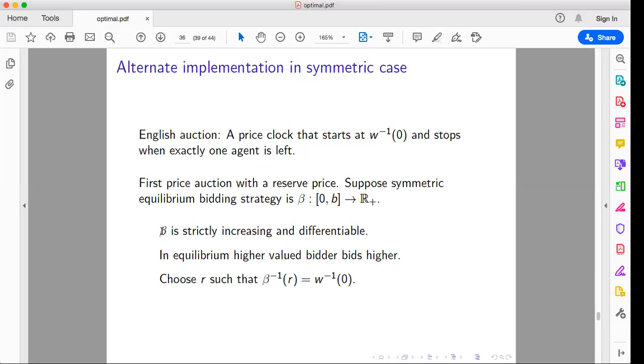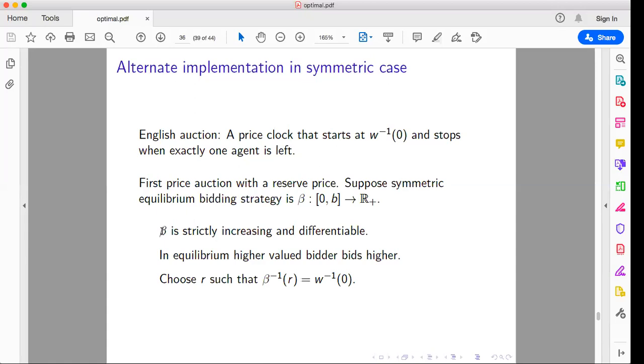So there is also a first price implementation of the optimal mechanism. For that, basically, you need to remember some properties of the first price auction that we studied in game theory 1. So in the case where bidders are symmetric, there is a symmetric equilibrium bidding strategy in first price auction with reserve price. And the exact formula of that bidding strategy is not important.